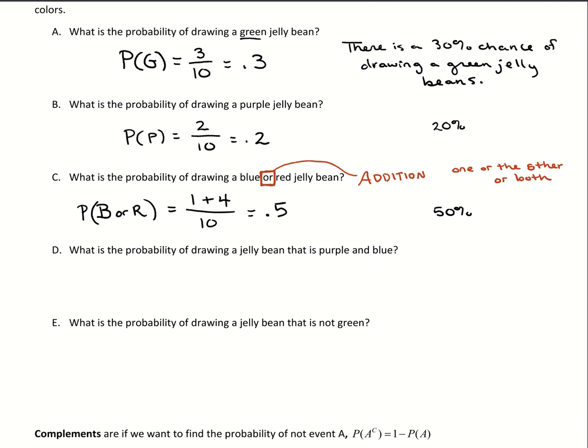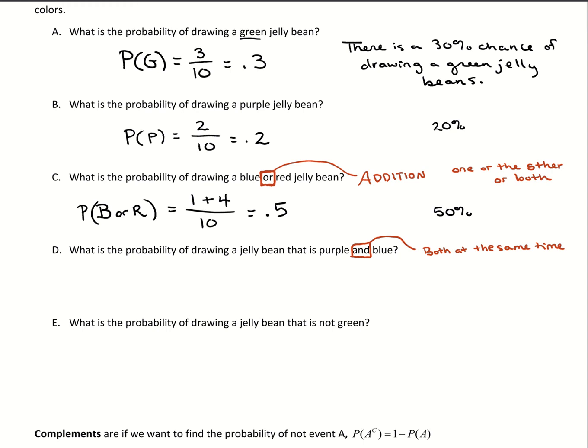With D, we have the case of and. So we're looking for purple and blue. Now we see the word and here. This is trying to say both at the same time. And what we're going to see, so there is a video that we'll go through of talking about and how it brings through multiplication. But basically we're going to see these two scenarios that work with and.